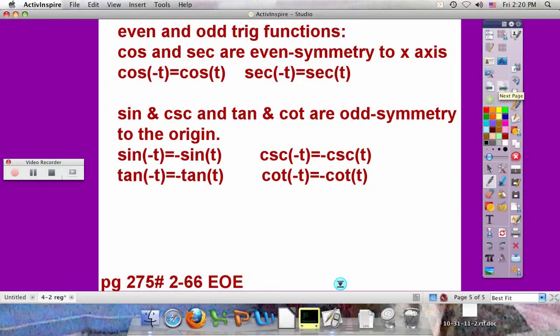Even and odd trig functions, okay? This is kind of cool about these because certain ones do certain things. Cosine and secant are even, so that means they're symmetric with the x-axis. In this case, when you have a negative on the inside, it just disappears.